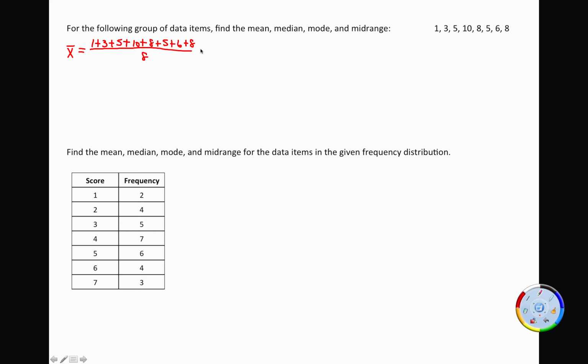Divide by 8. And I'm just going to plug that in my calculator. So 19 plus 13 plus 14 is 46, divided by 8, which is 5.75 for the mean.